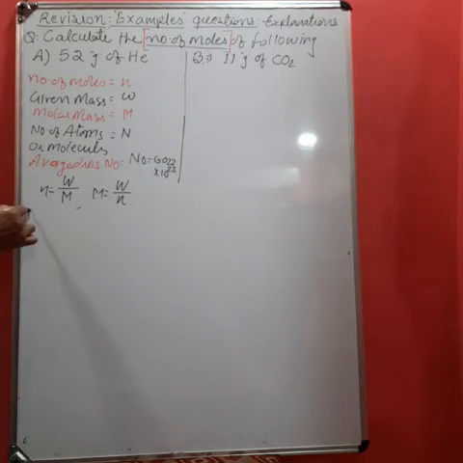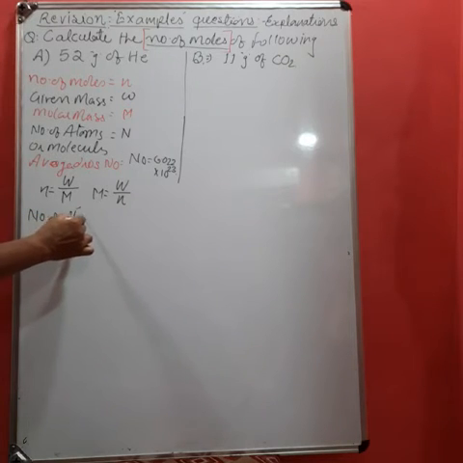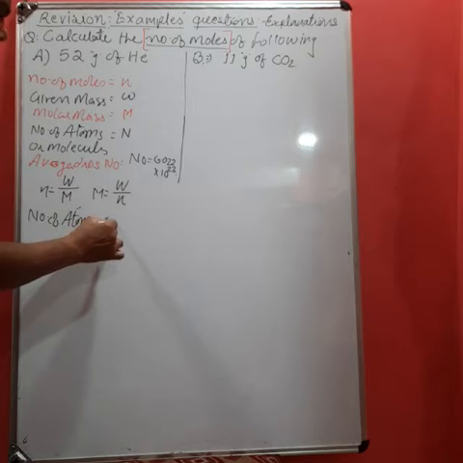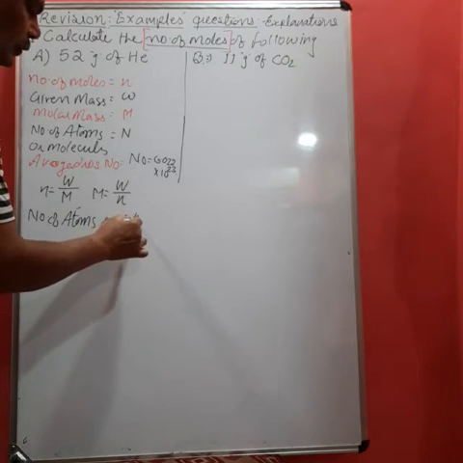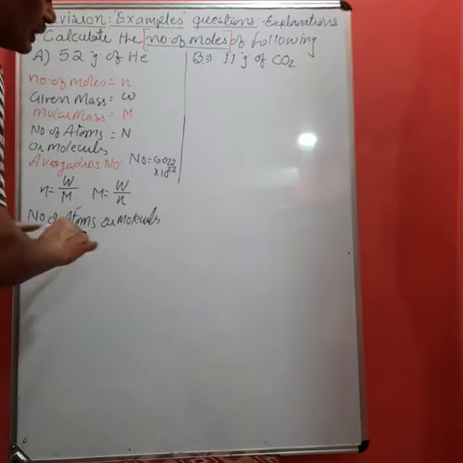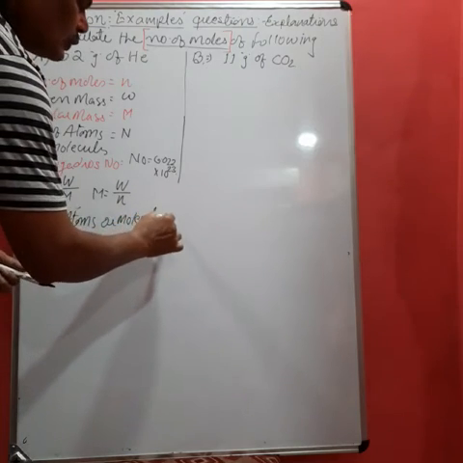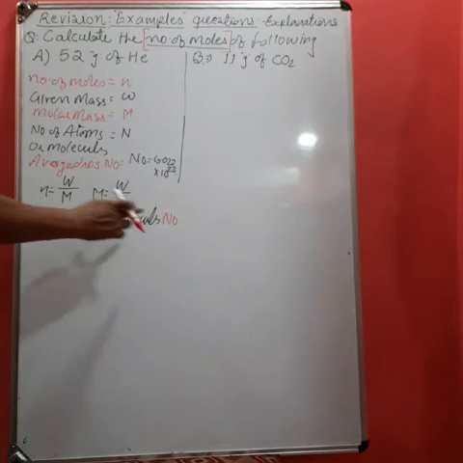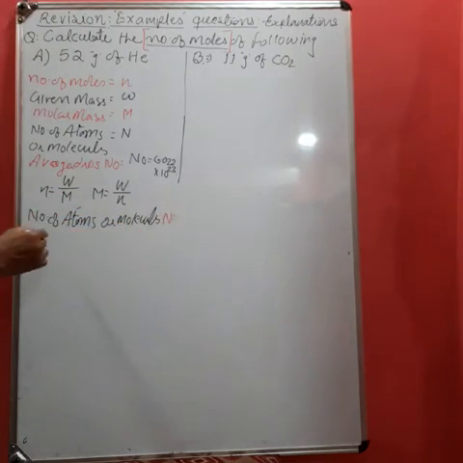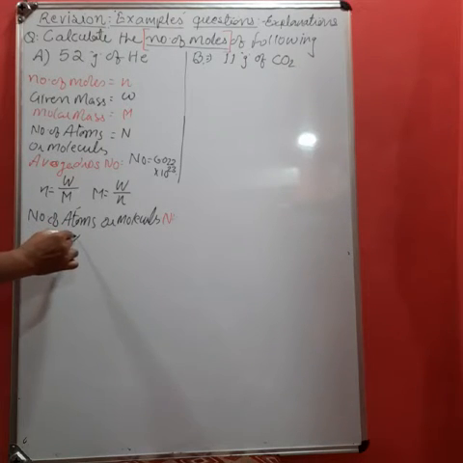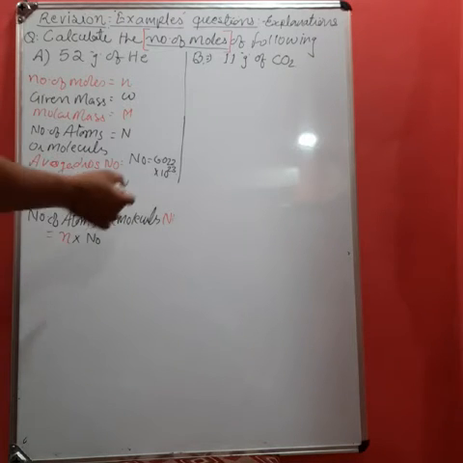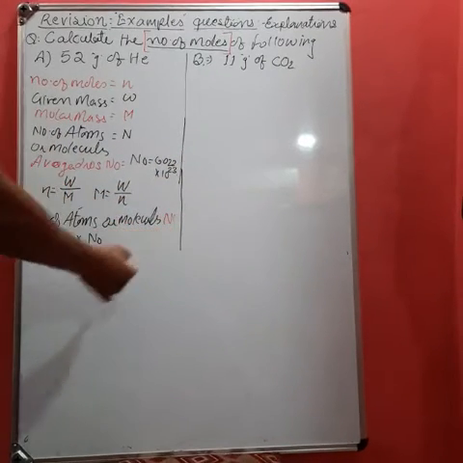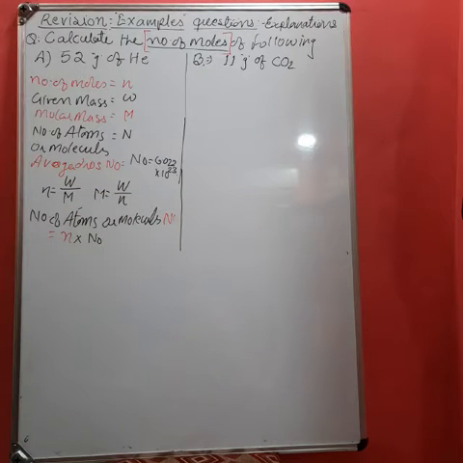If we have to find the number of atoms or molecules, denoted by N, then N is equal to number of moles, small n, multiplied by Avogadro number N0. So using these formulas, now I am starting to solve the question.